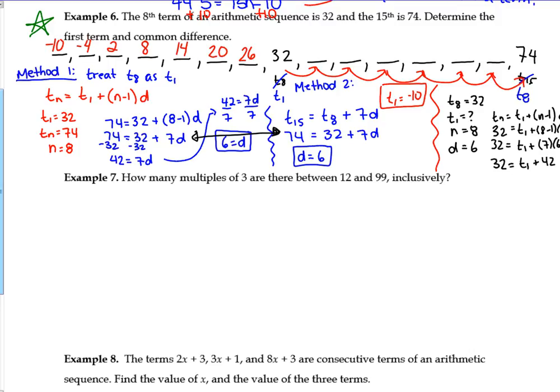Should have given you more room for this one little area, hey? Sorry. Subtract 42, and we get negative 10. So you can solve for it algebraically. Do you have to? No. I'm okay once you show this algebraically, with just working it backwards if you want. Okay? You could have also used 74 and then n is 15, and that would give you negative 10 as well. Okay?